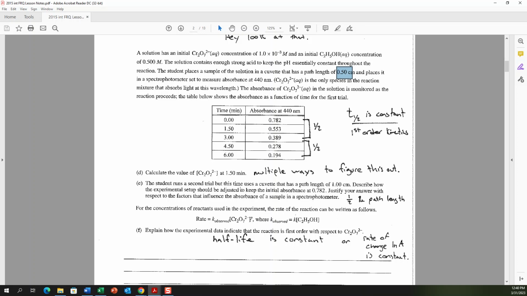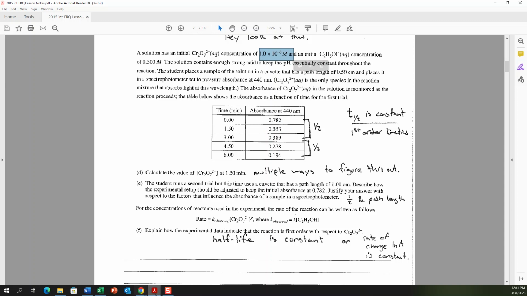Describe how the experimental setup should be adjusted to keep the initial absorbance the same. So if you want the initial absorbance the same, you would have to cut the initial concentration in half, right?